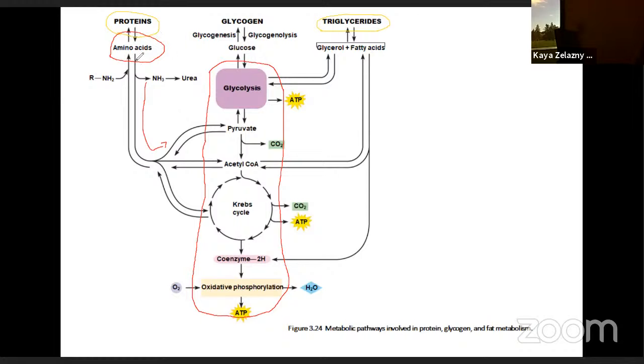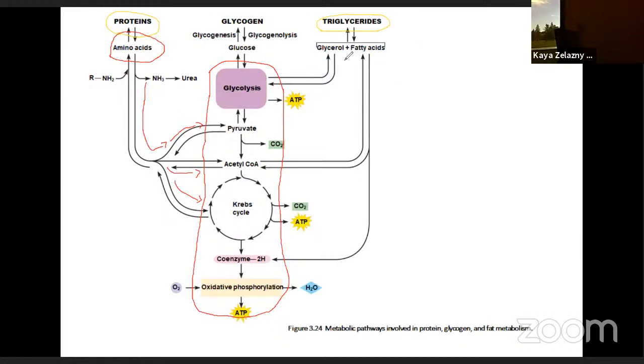As we break down proteins, we can feed them into this process. We don't turn a protein into glucose, but we actually can turn some amino acids into pyruvate. We can turn some into acetyl-CoA. We can feed others into the Krebs cycle. So we skip earlier steps in this pathway, but then continue to use some of these later steps.